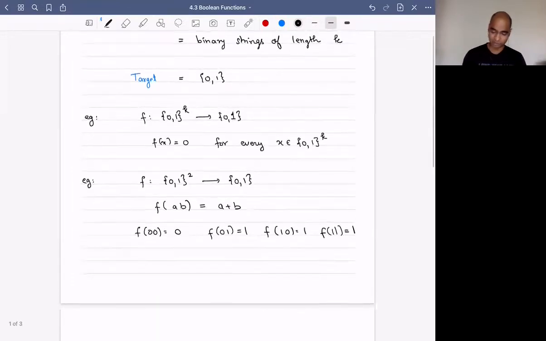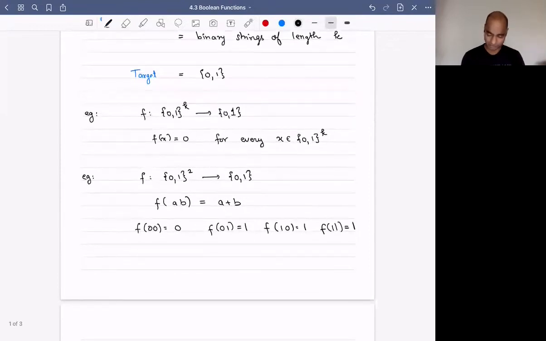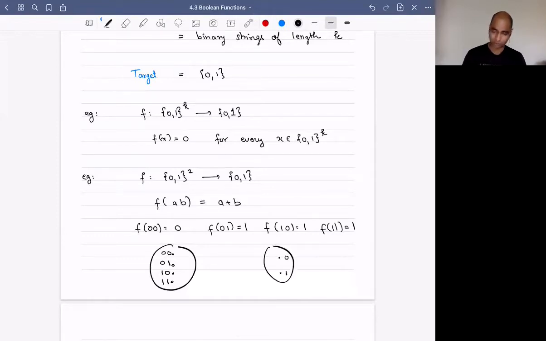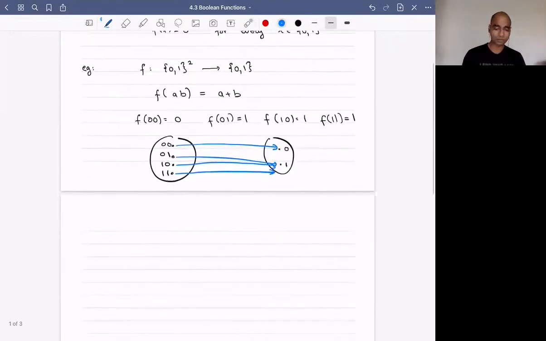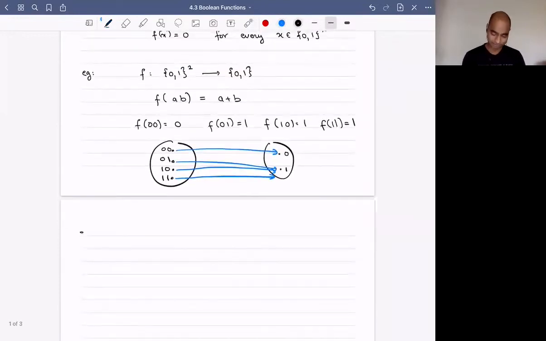And if I were to draw this using our previous notation, it would look something like 0, 0, 0, 1, 1, 0, 1, 1. The output is always 0 and 1, and 0, 0 is getting mapped to 0, and everything else is getting mapped to 1.